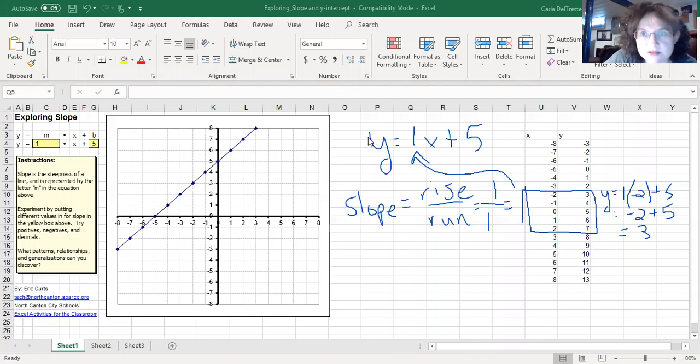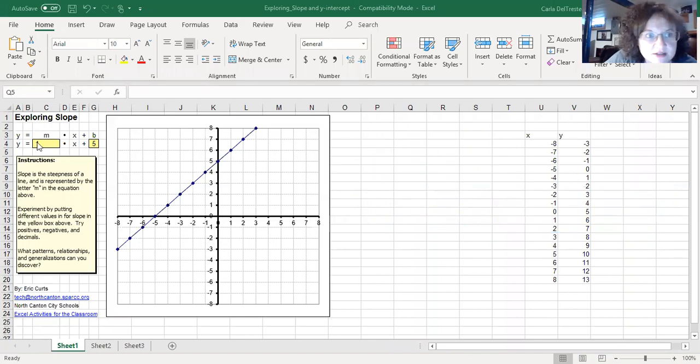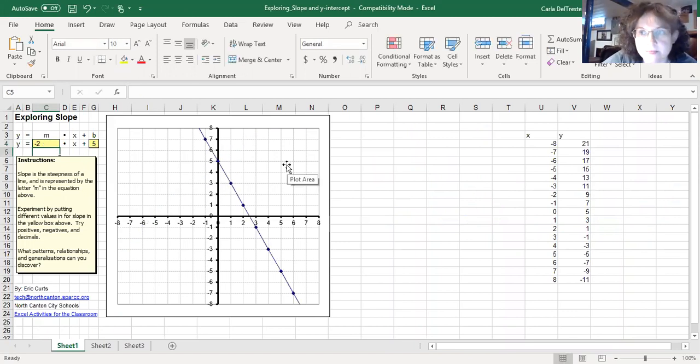So let's clear this stuff out, and let's try a different coefficient on x. So maybe I want to see what happens when the coefficient is -2. Okay, interesting. Look at what happened to the line. Look what happened to the formula, or to the table.